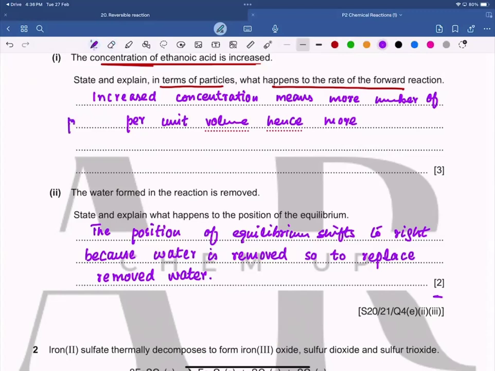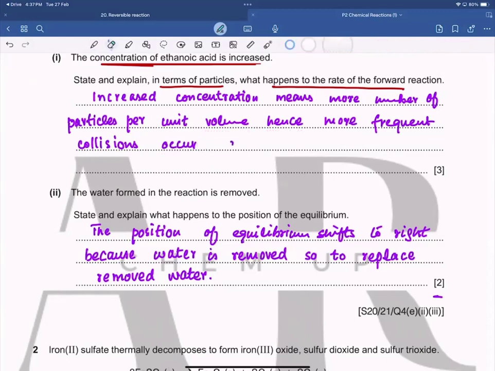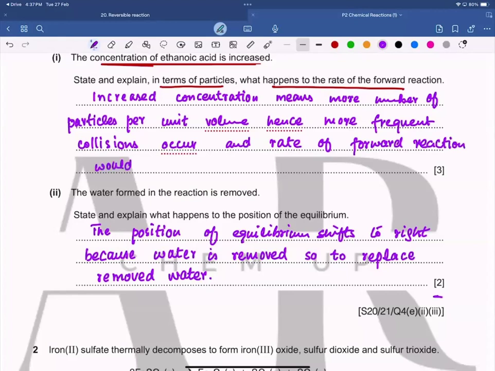Or instead of number of moles, you may write number of particles per unit volume. Hence, more frequent collisions occur. Sir, can the unit be decimeter cube? Yes. And rate of forward reaction would increase. Now think, if instead of forward, the examiner had used the term backward, then what will you write?